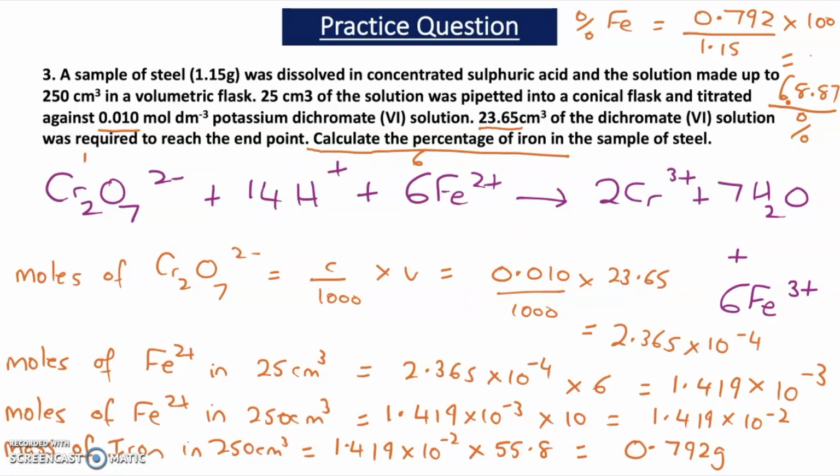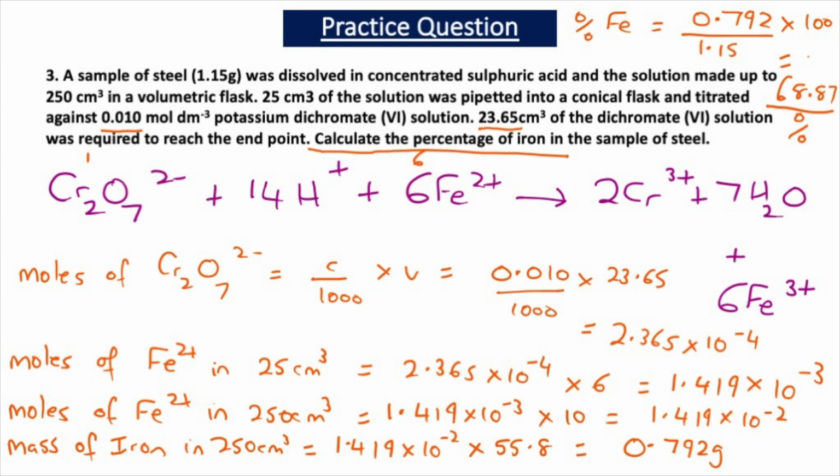So all these questions follow a similar pattern. First of all, you use the titration data to find the moles of the oxidizing agent that was needed in the reaction. Once you know the moles of the oxidizing agent, you can use the overall equation to work out the moles of Fe2+ in your conical flask.